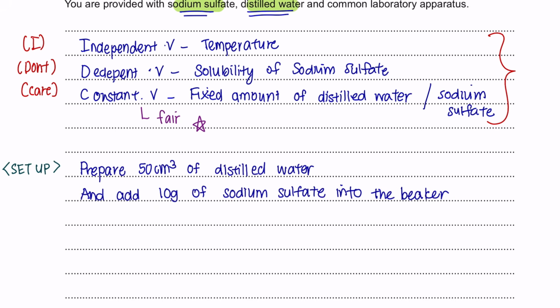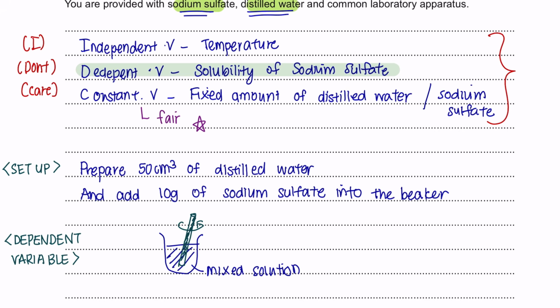Now, after setting up the experiment, we are going to discuss the dependent variable, which is the solubility of sodium sulfate. So to measure the solubility of sodium sulfate, we're going to stir the solution of sodium sulfate in the distilled water and filter out the residue formed.